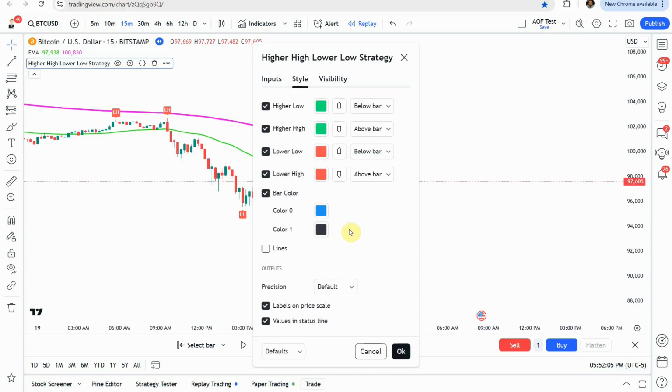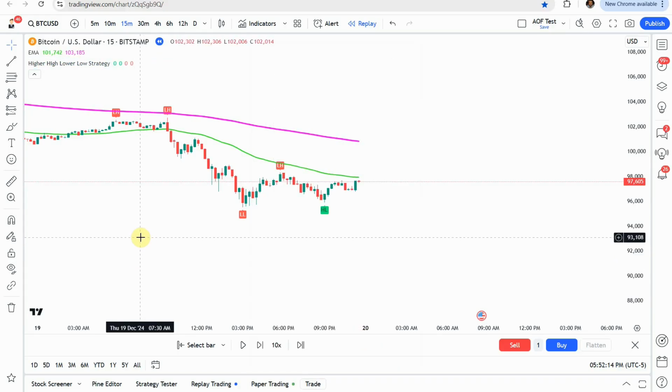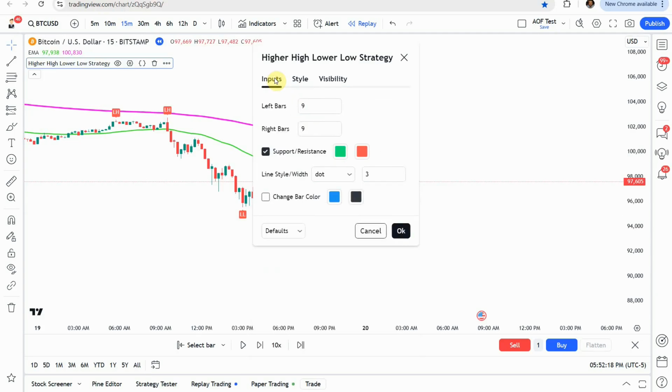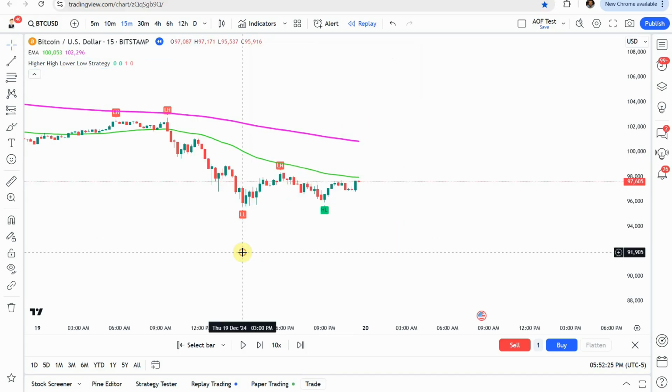Then under the styles here, you can keep everything checked except for this lines option right here. Go ahead and uncheck that and click OK. One last thing I did was I unchecked the change bar color right here as well, so that way the bar color is just normal.